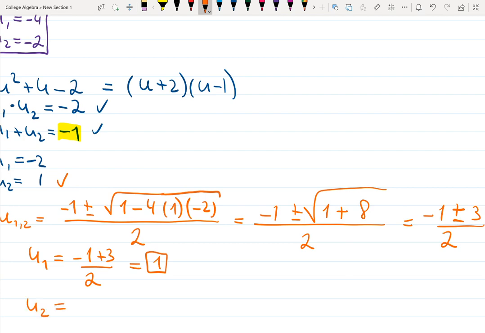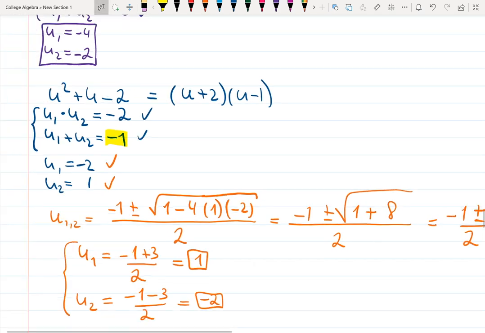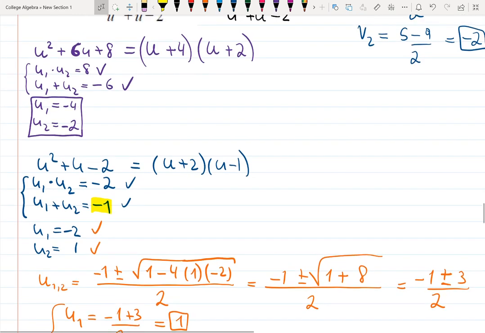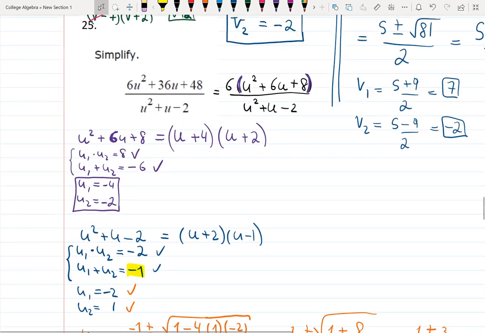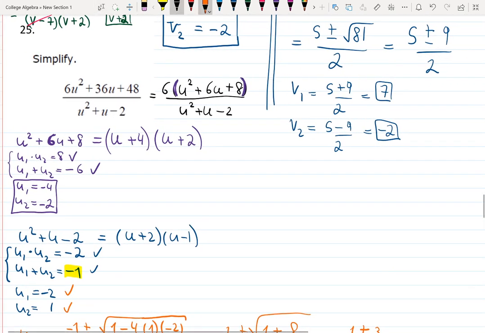And then u2 is minus 1 minus 3 over 2. That is minus 4 over 2, and that's minus 2. Matches the answer we had before. So you choose which method you prefer. The quadratic formula always works, so definitely consider it if you freak out during the test. But practice being creative. I would say that's very helpful for your brain.